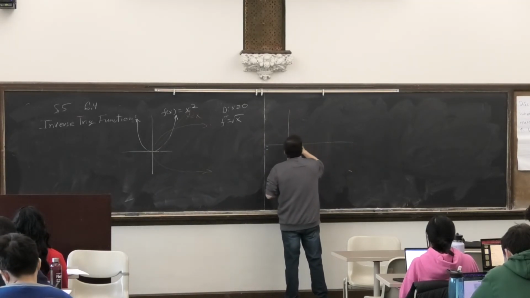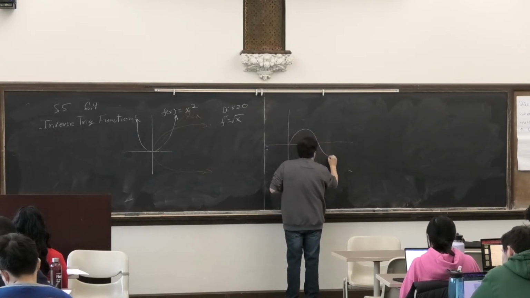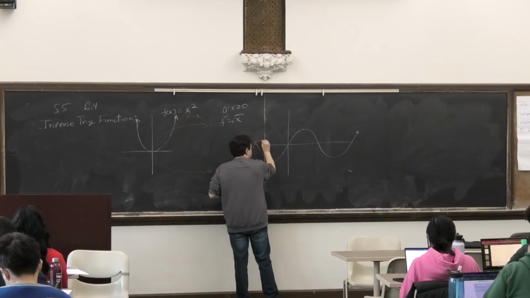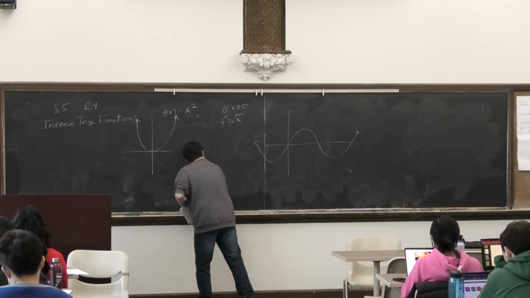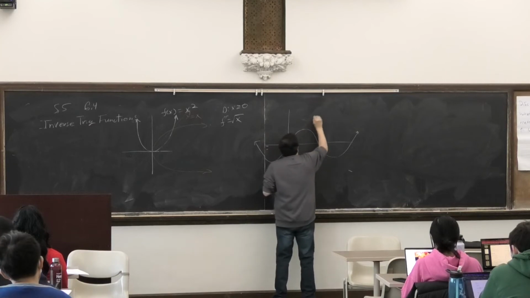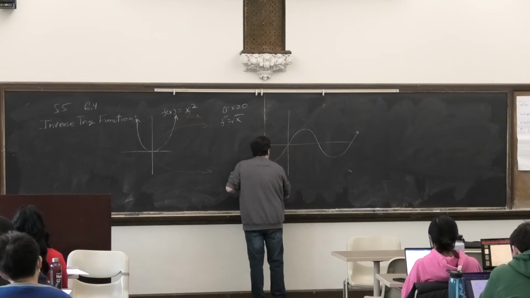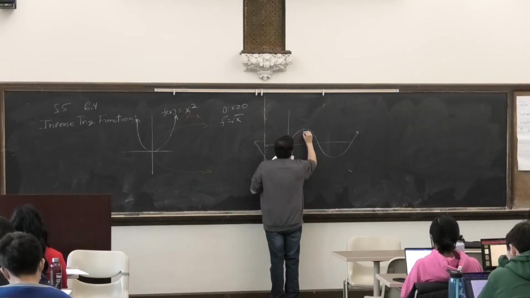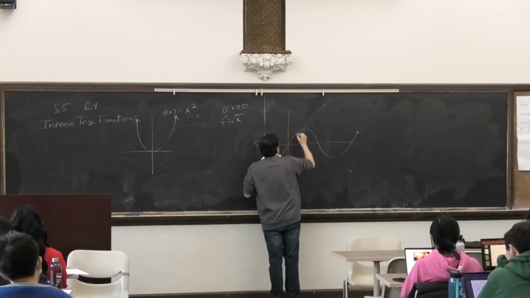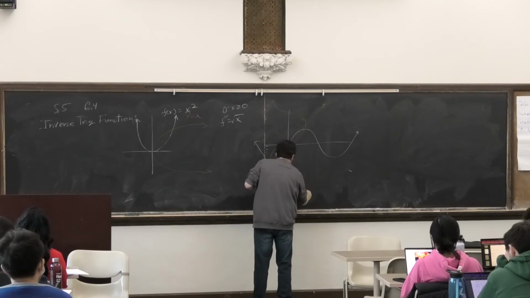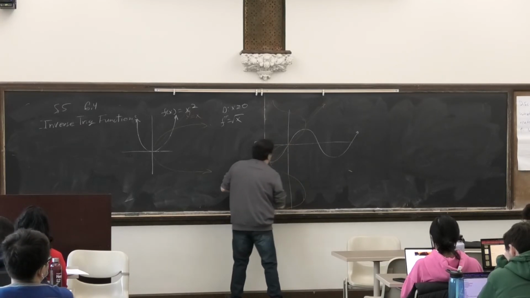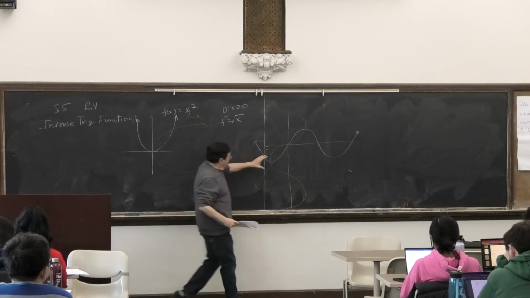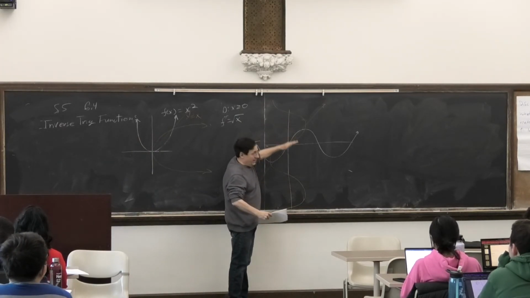If I take the sine function, now I try and reflect it across y equals x. And here I get two values out of the relation. Here, because it's periodic, I'm going to get an infinite number.